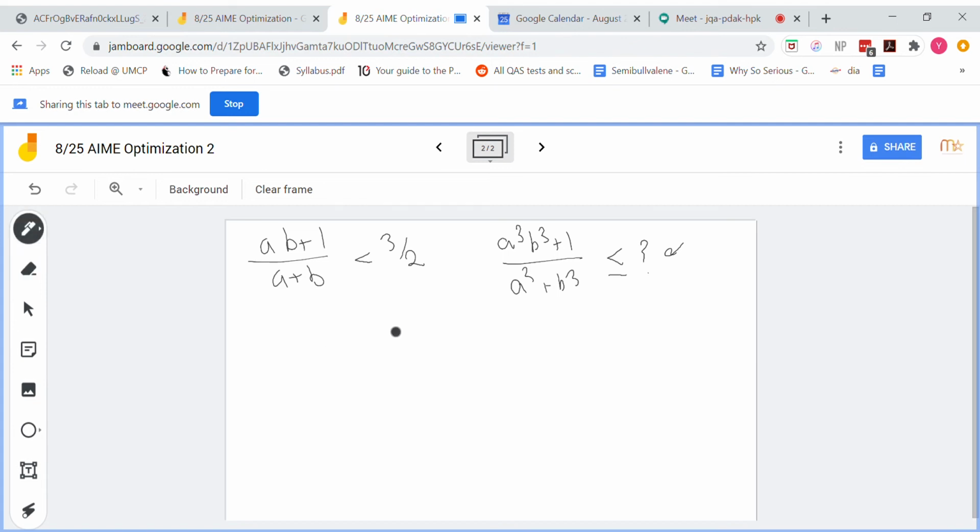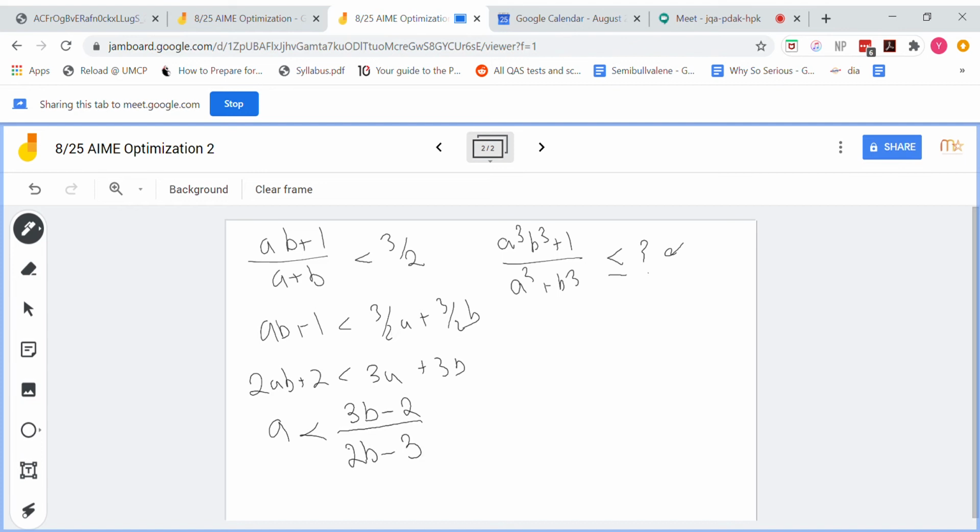If I try to solve for a in terms of b, we have ab + 1 is less than 3/2 a + 3/2 b, or 2ab + 2 is less than 3a + 3b, which gives us, I added an equal sign there, which should not have been there, so we get a is less than (3b - 2)/(2b - 3). Alright, so we've bounded a in terms of b.